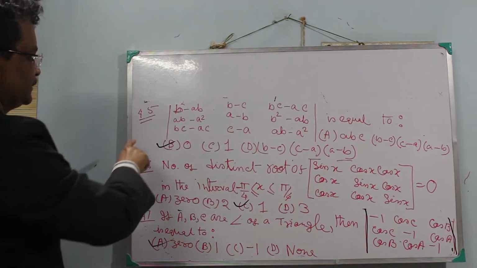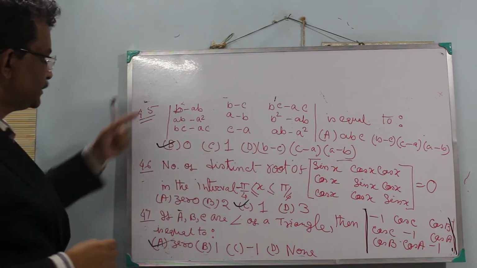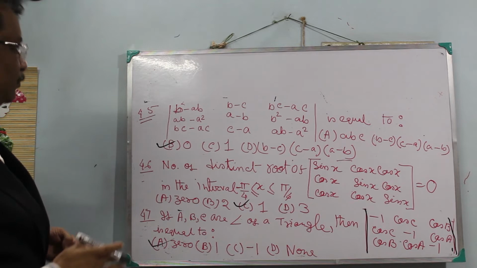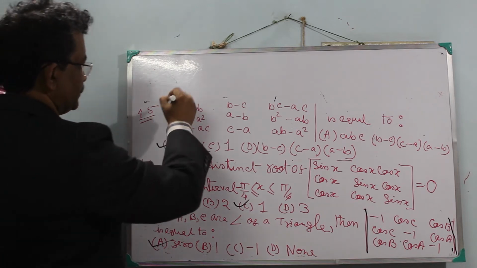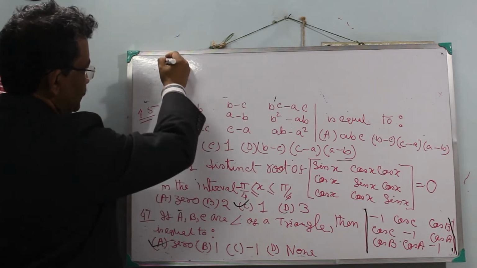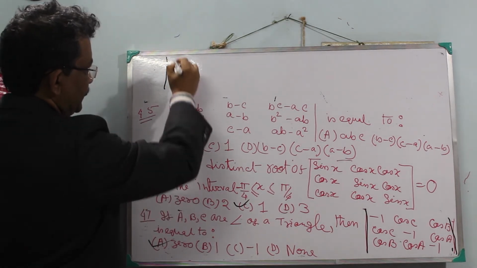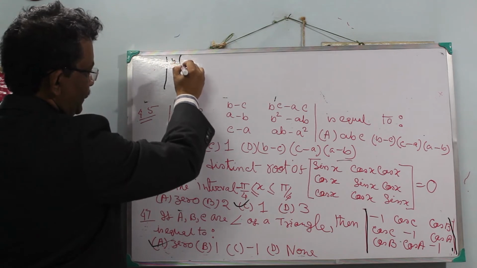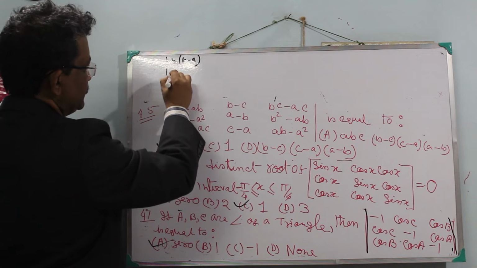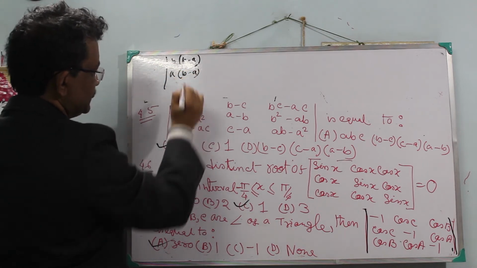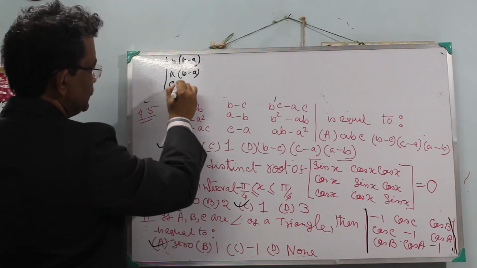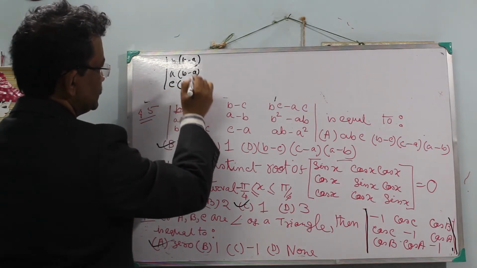This is a determinant, and its value is equal to 0. Why? Because take common from this row, you will get b minus a. Here you take a, b minus a; here you take c, b minus a.